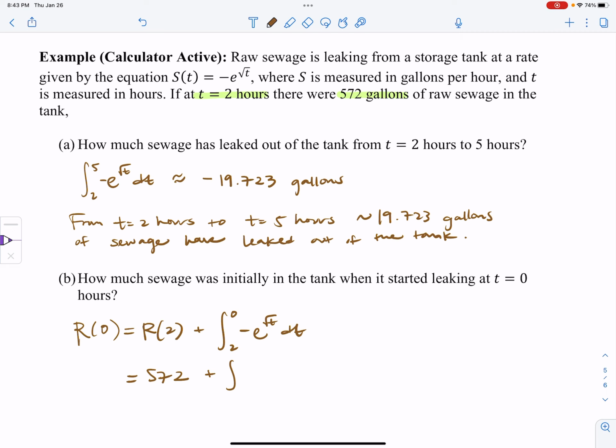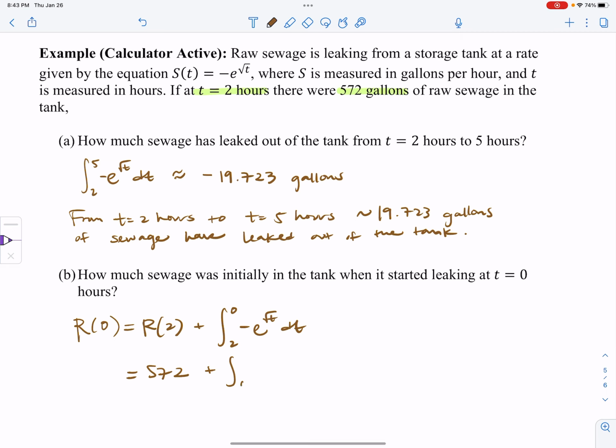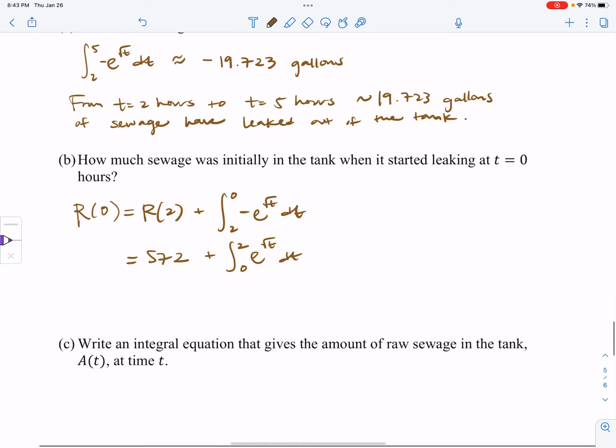And if we want to switch it to be from 0, you don't have to, but from 0 to 2, right? You could make that minus, and then it would cancel with that negative. E to the root T dt. And typing that into the calculator, since we are calculator active.